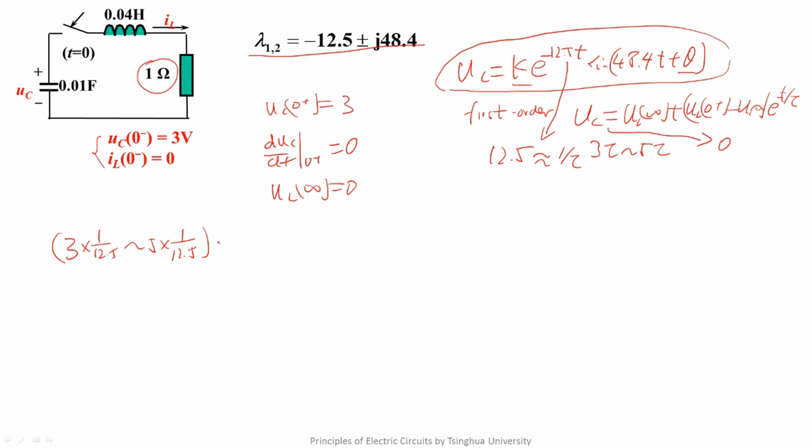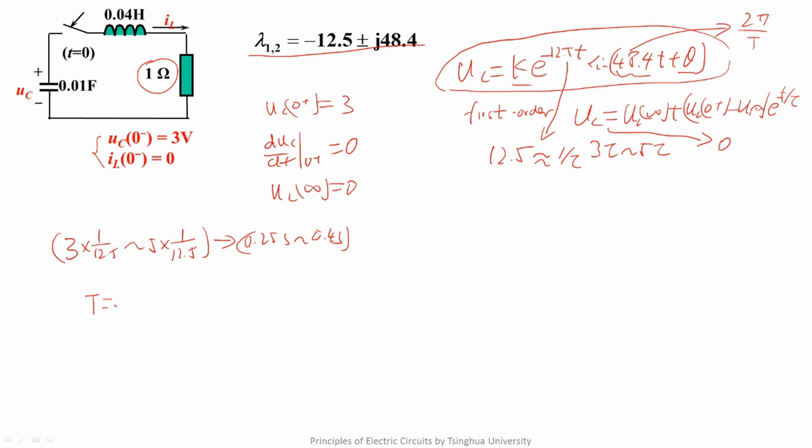During the period of 0.24 seconds to 0.4 seconds, it will be over. What does that mean? Please look at the attenuating oscillating frequency, which is 48.4. It is actually equal to 2 pi over T, so we can get the attenuating oscillation period of the sine wave with 48.4.